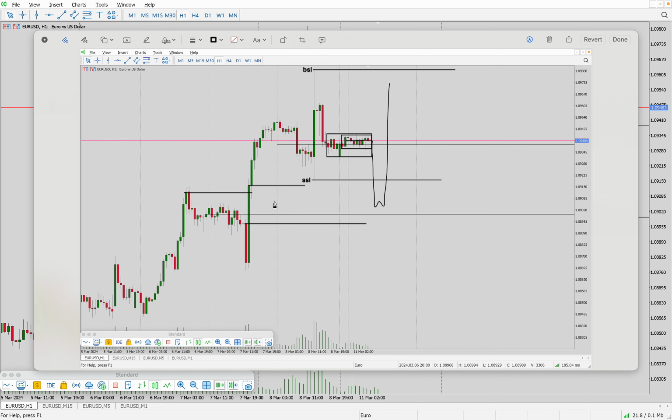I'm using ICT to know where money is sitting and the most ideal probability of what price will do. So the most precise thing ICT would do here is this. This is how we draw the imbalance. He would use the high of this down close candle and the low of this up close candle.